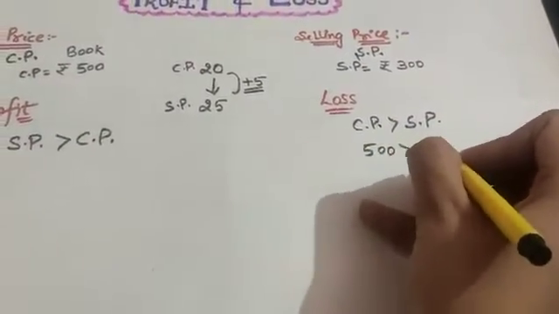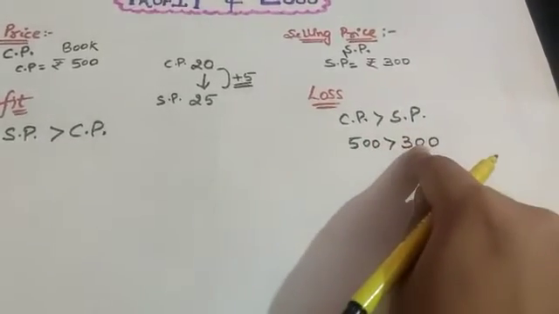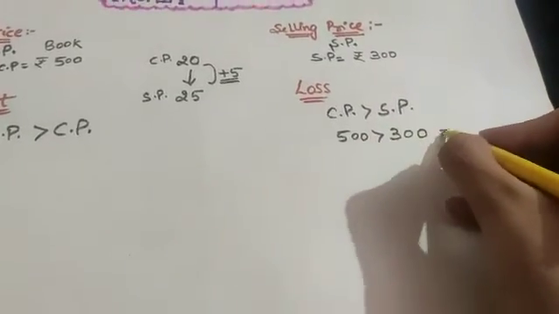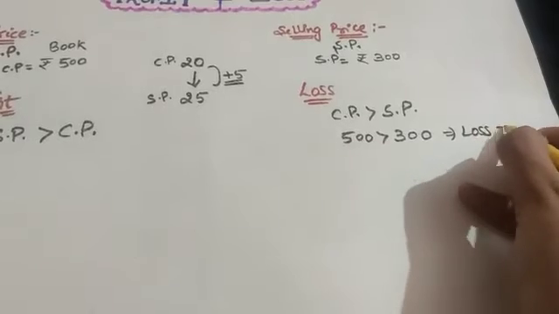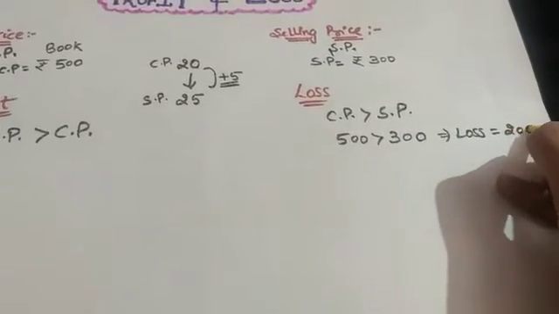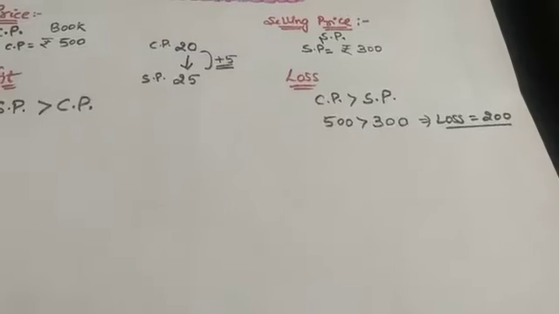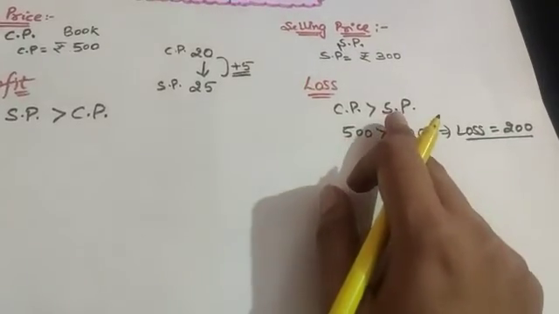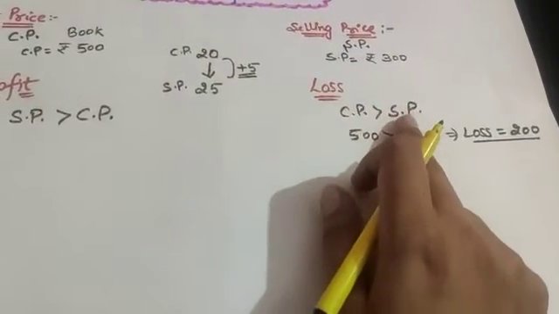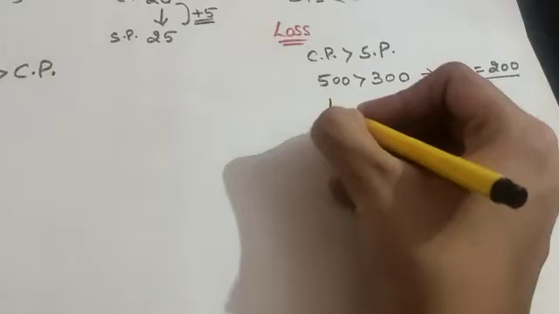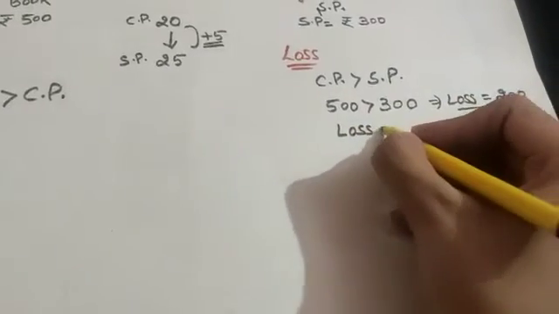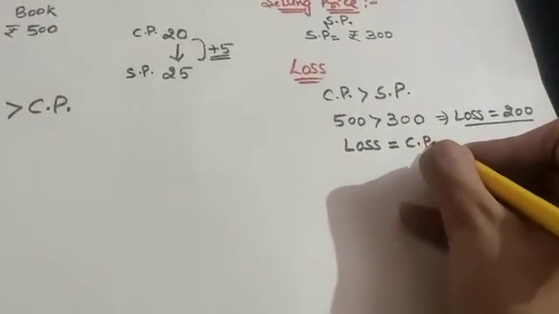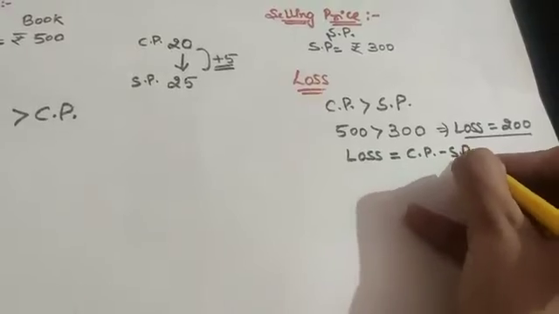That means CP is greater than SP, that means a loss of rupees 200. The difference between the CP and the SP is known as the loss. So in this way we will calculate the loss.